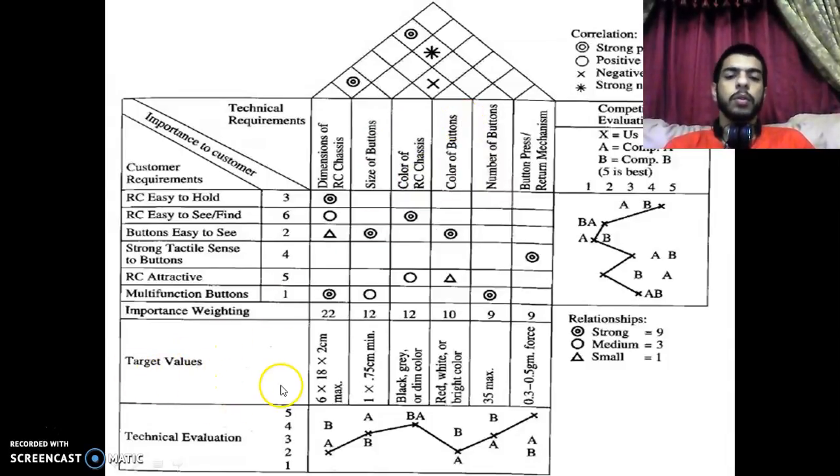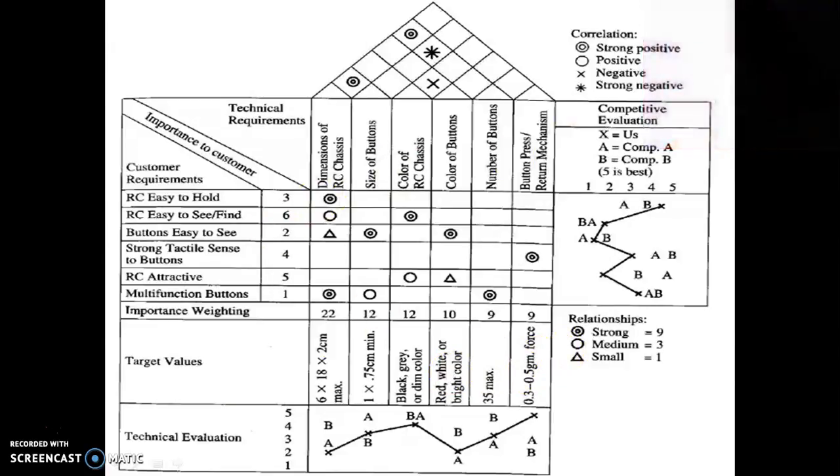Here we have the target values of the technical requirements. So if we see the dimension of the remote control, the targeted value is 6 by 18 by 2 centimeters. So we have the target values of technical aspects listed down here. Now here we have the relationships with this legend.